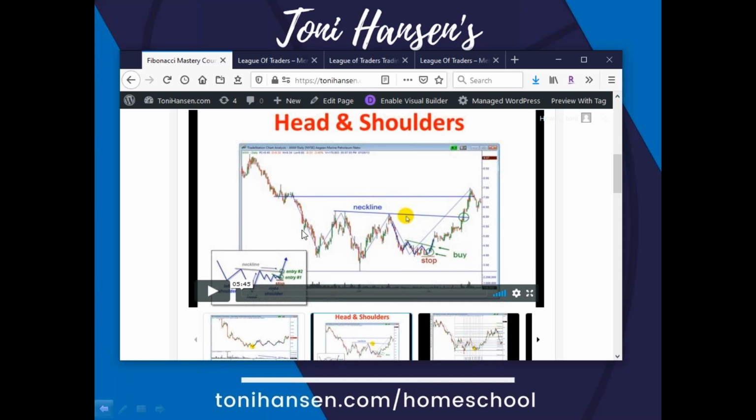A lot of times the way you might be traditionally taught some of these core setups, like a head and shoulders, are going to be, well, wrong. So they're going to have a lot higher risk.